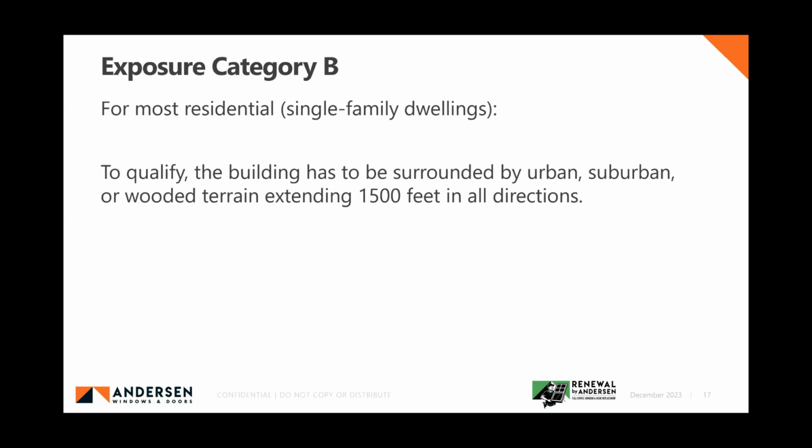So just for simplicity, let's say we're dealing with residential buildings 30 feet and less in height. Okay. So to qualify for exposure category B, your building has to be surrounded by urban, suburban, or wooded terrain that extends for 1,500 feet in all directions. Okay. That's the base case for exposure category B. You have to have that to qualify for exposure category B.